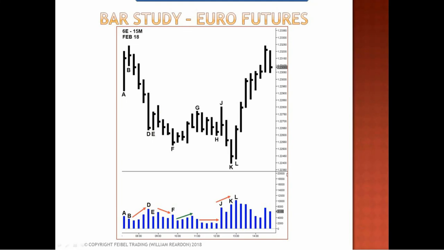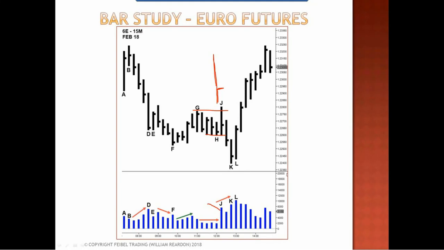So let's dissect J. So it pushes up, pops its head above the highs, and sellers come in, take it down to the lows here, and then buyers come back in to close it off the lows with all this volume.